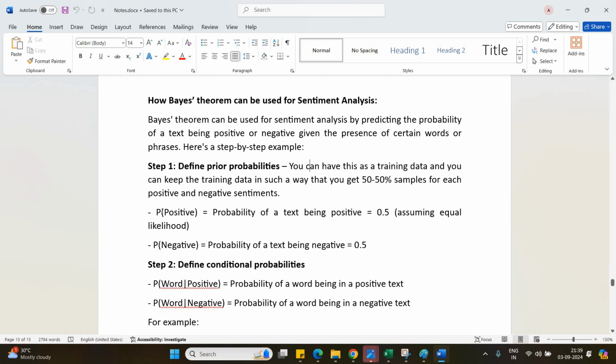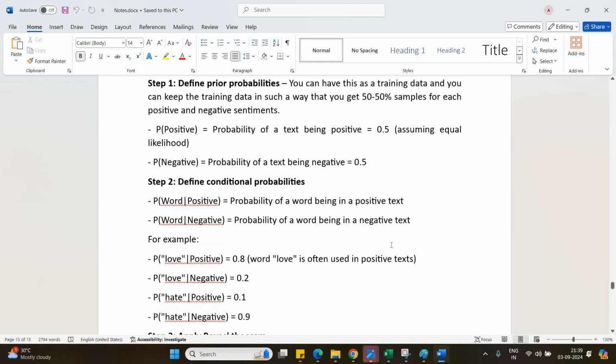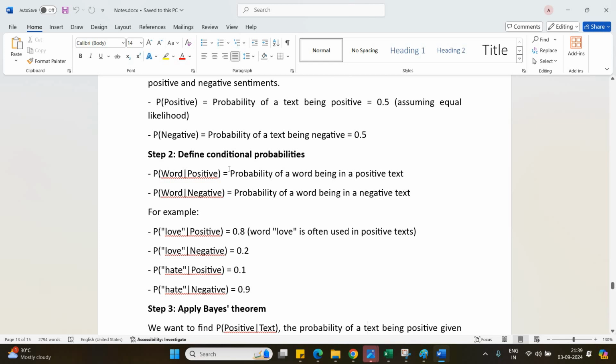So you can say the probability of a text being positive is equal to 50%, and for the negative as well, the probability of a text being negative is 50%. Okay, so now we have to define the conditional probability.